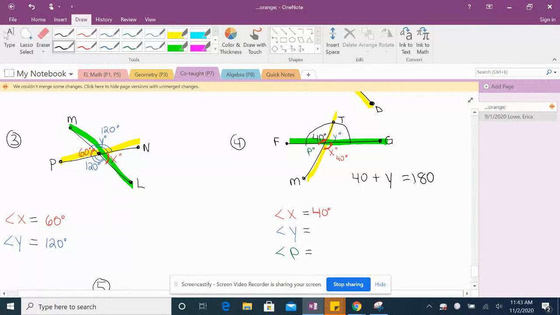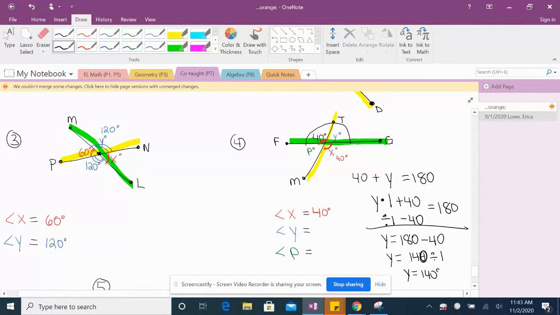Una línea tiene 180 grados y por eso se suman a 180. And now we backtrack. Y ahora backtrack. We subtract 40 from 180. Then we do the opposite. Hicimos los opuestos. And we start with our result. Empezamos con el resultado. And we have 140 degrees.